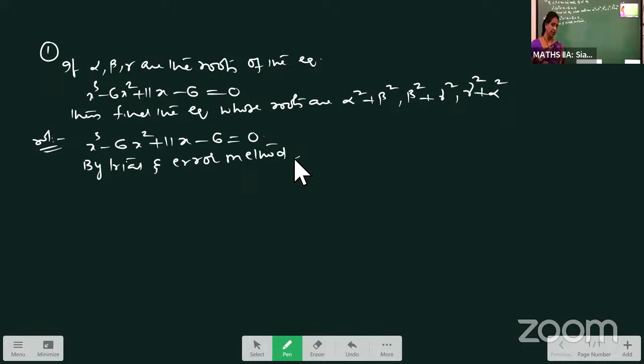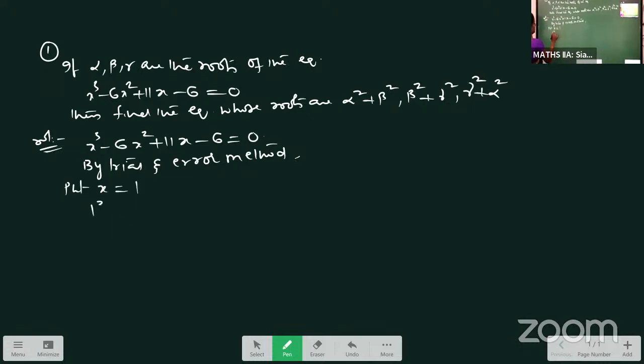If you substitute 1, maybe it satisfies. Satisfies means you will get 0. And in the place of x, we can substitute 2, and 3 can also be substituted. So let us first check with x is equal to 1, whether we are getting 0 or not. So put x is equal to 1.